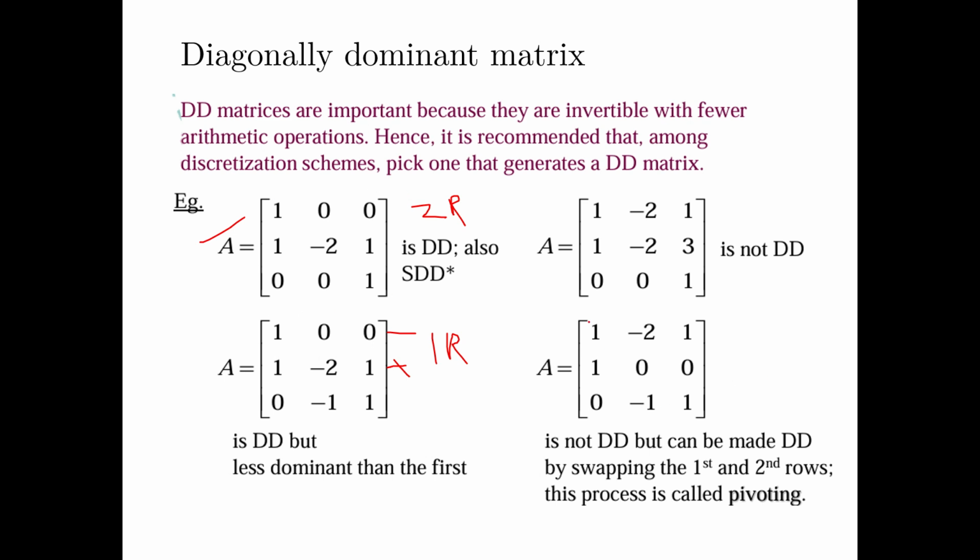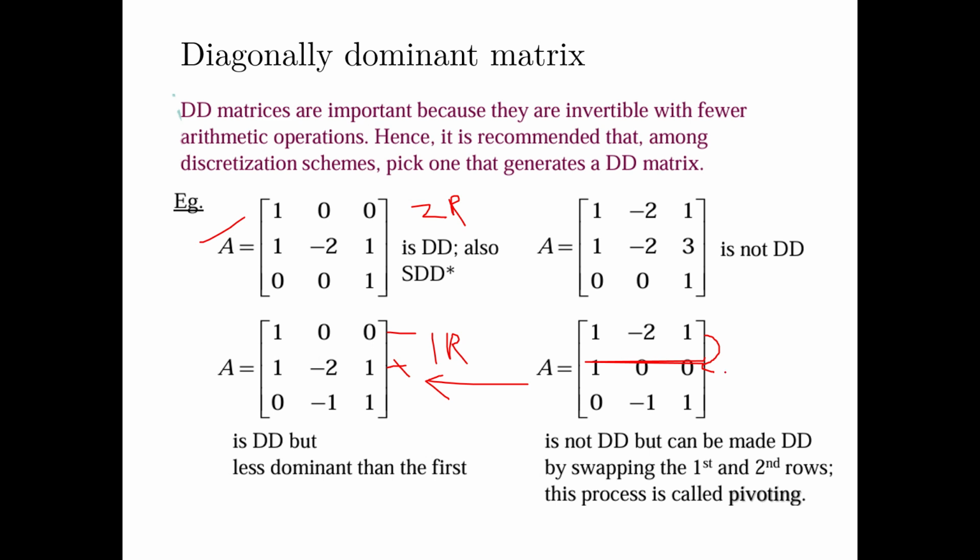Now, if we look at the last matrix, it is the same as this matrix, but we have the second row swapped to the first row. So we have 1 minus 2 1, 1 0 0, 0 minus 1 0 1. The first row is not diagonally dominant.